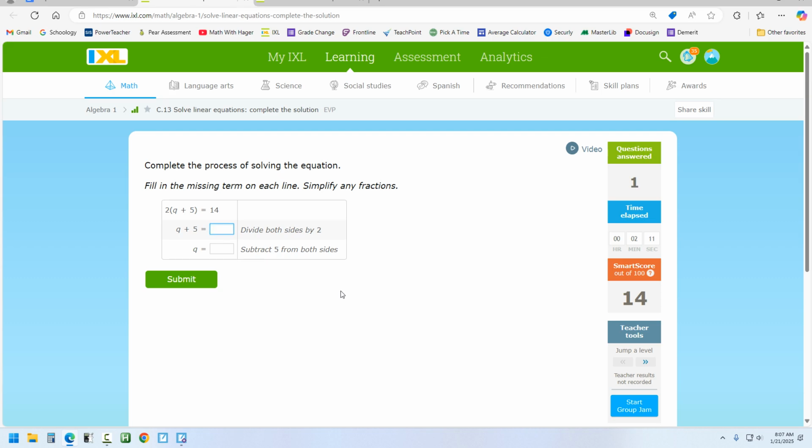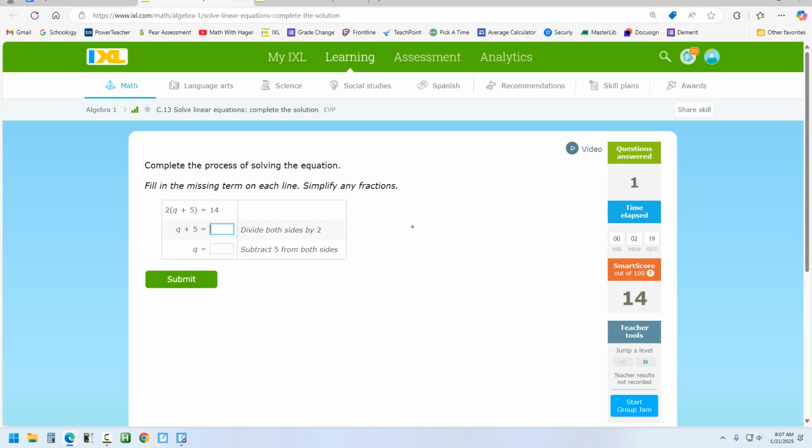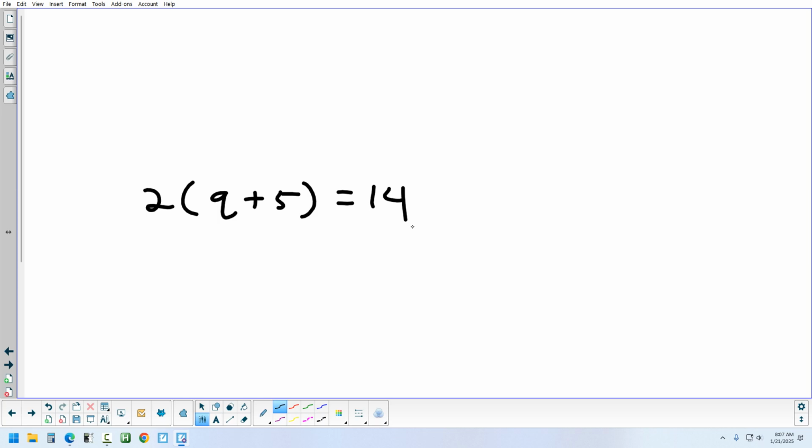Let's try this one. It says 2 times q plus 5 equals 14. All right. And again, they tell us the first step. Divide both sides by 2. So you're going to divide both sides by 2.